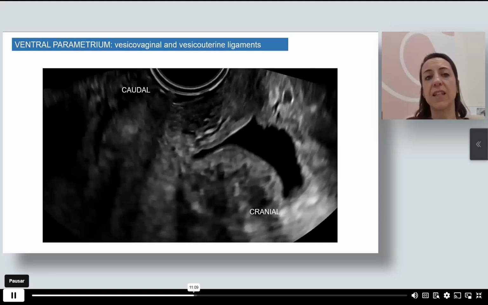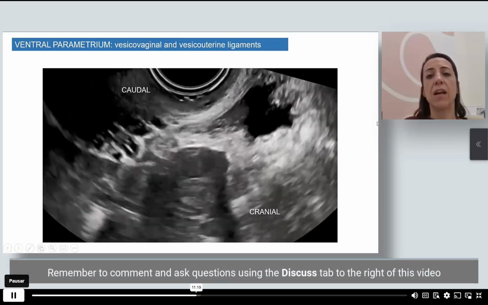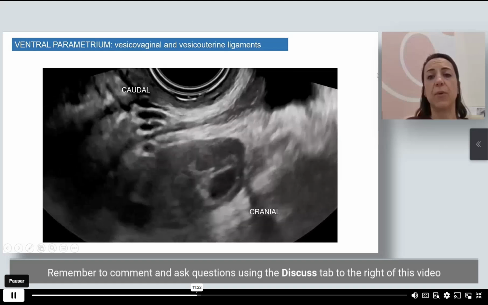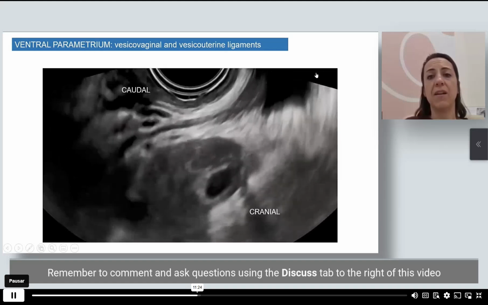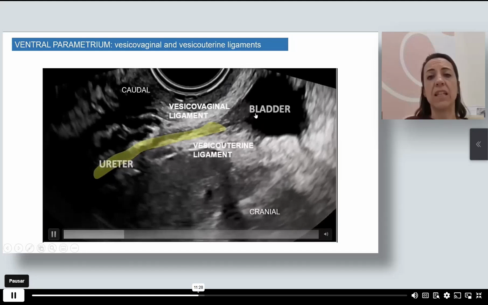Now, how to assess the anterior ligaments, in particular the vesico-vaginal and the vesico-uterine ligament? This is a longitudinal section, and we move the probe laterally at this level where the ureter is next to the bladder.